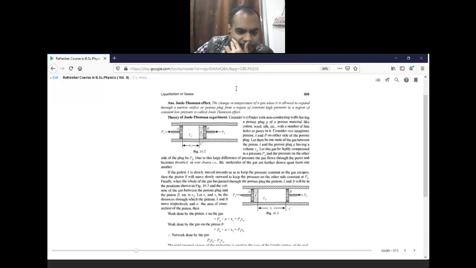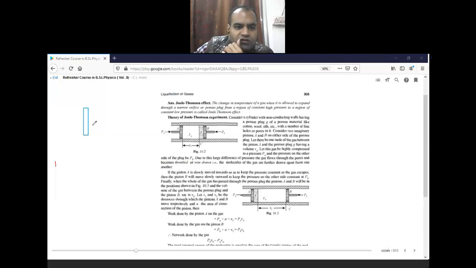So let me try to annotate it. So suppose this is something called the porous plug.